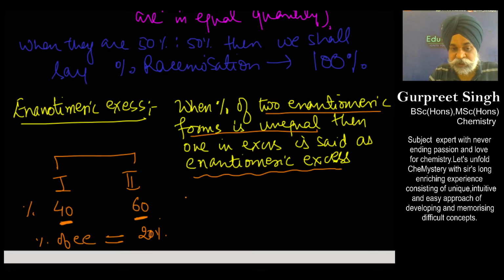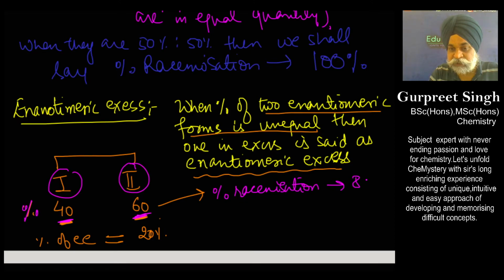This you have to understand. In case 1 and 2 are an enantiomeric pair and the percentage of this is 40 in the product mixture and this is 60, then I will say that the percentage racemization would be 80%.